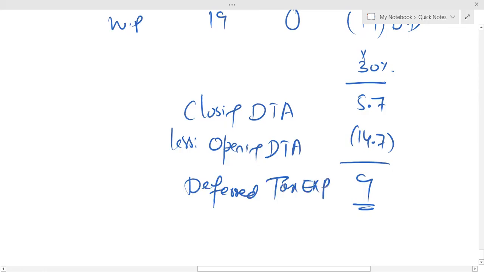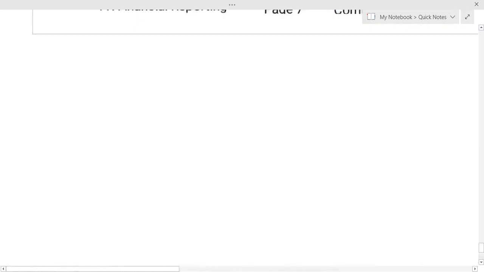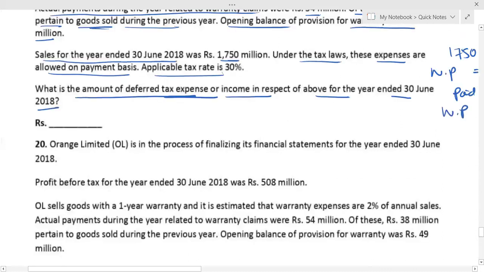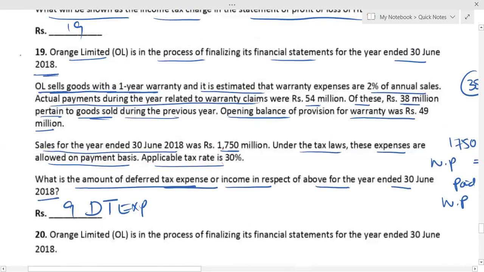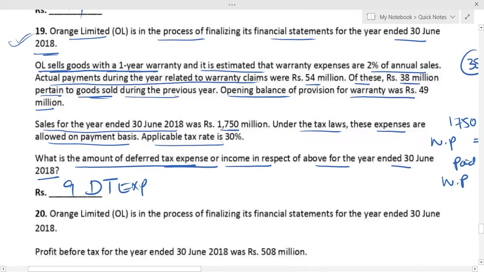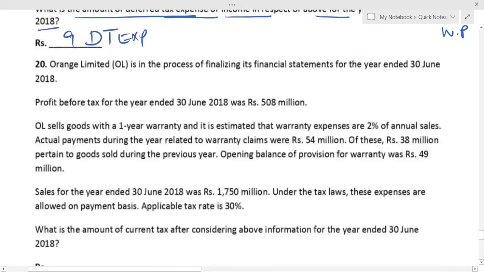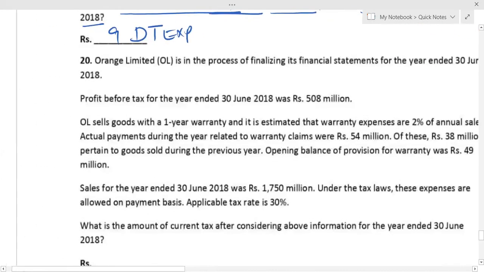So basically, we have a 9 million deferred tax expense. I would say it's a really, really good question. Question number 19. Please at least try to watch this lecture 2 times for this question number 19.